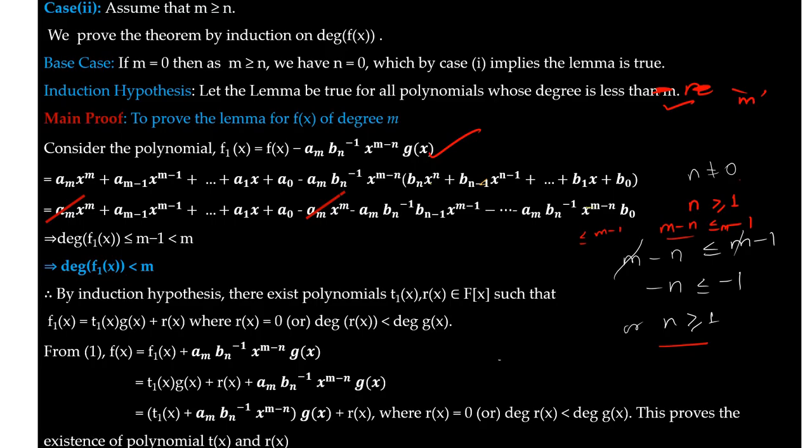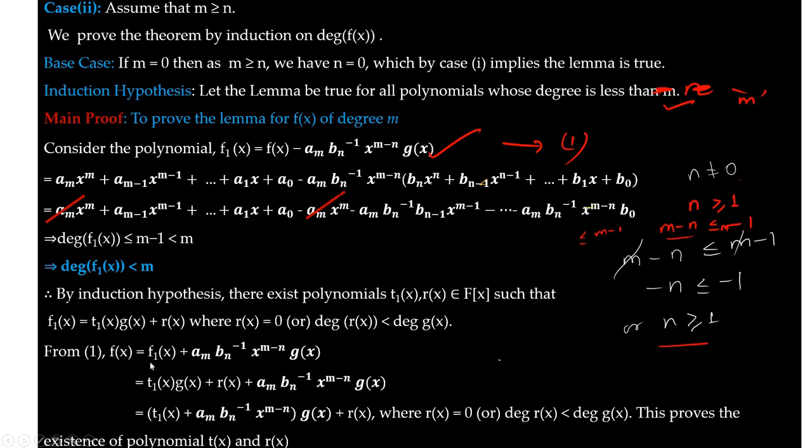So we shall consider our f of x from here. This is f1 actually. So from here we have f of x to be equal to, this goes to the other side, plus a m b n inverse x power m minus n into g of x.